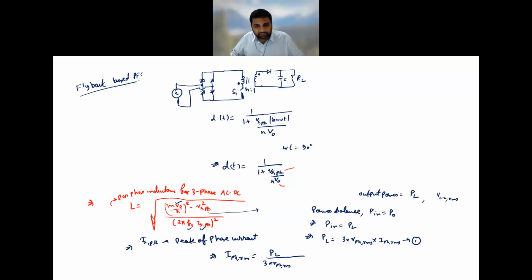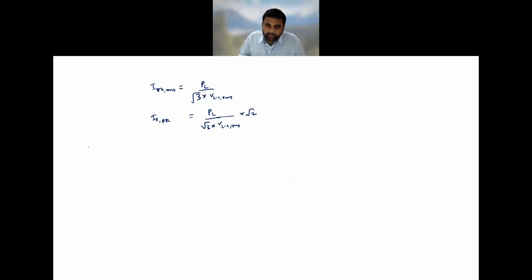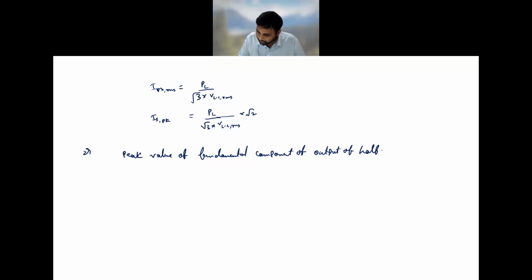Then, if in the question it is given the peak value of the fundamental component of the output of half bridges, which is nothing but VAO, we have already shown in our lecture: if we see our VAO average value, what is it?